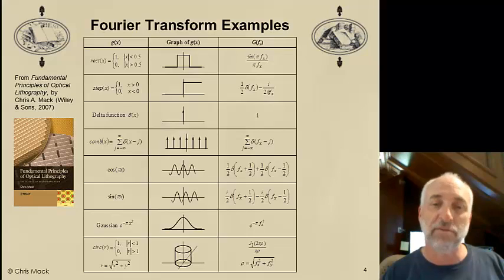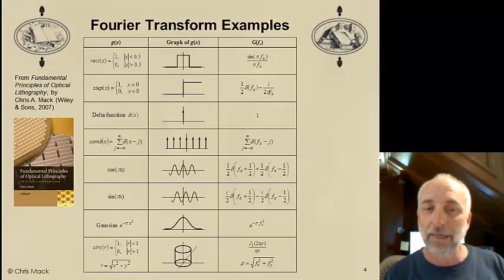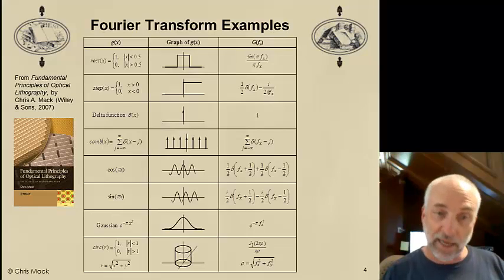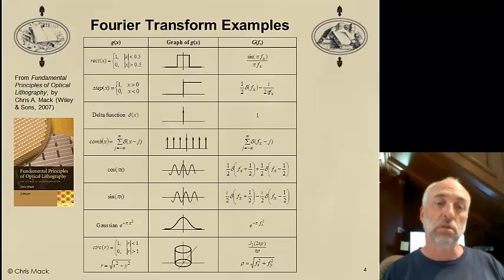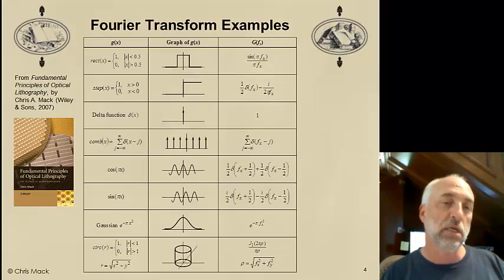And I now have my first excuse to pitch my book. I wrote this book, published about 6 years ago, and it is a graduate level textbook on the topic of optical lithography. So if you're interested in getting into more detail than we're getting to here in this course, then I highly recommend this textbook.